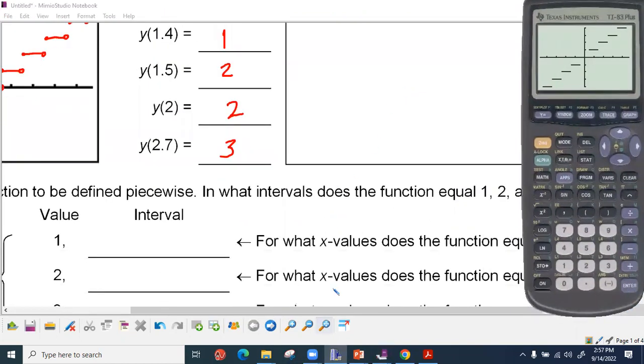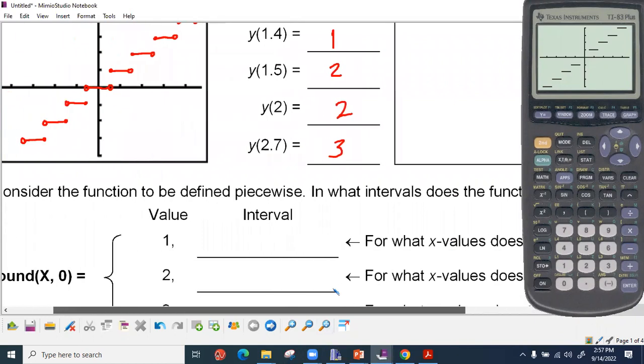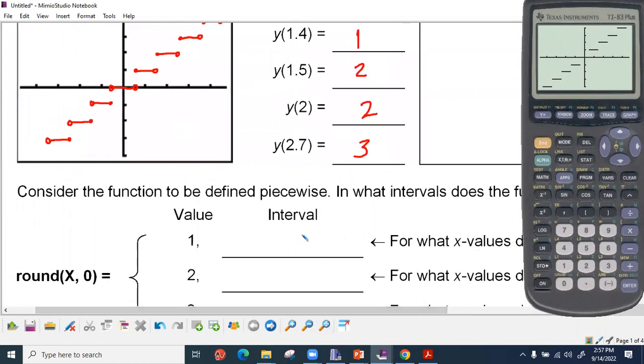Okay, so we're going to write the intervals of when this happens. So for 1, looking at our graph, to get the value of 1, where does it start and where does it end? 0.5. So at 0.5, but then at is less than. Do we see that? Okay.